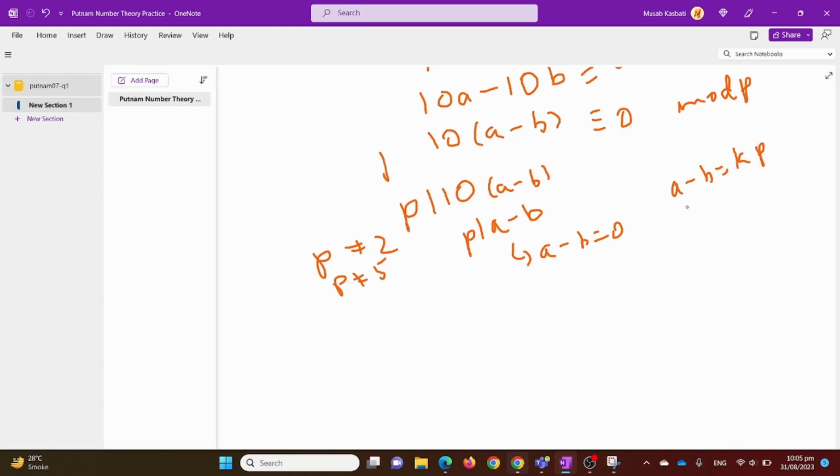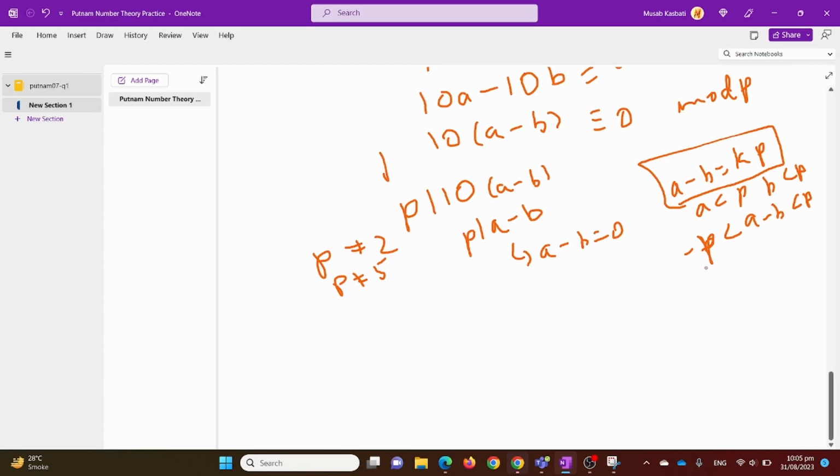But we know that a is less than p and b is less than p, so a minus b is definitely less than p. And you can also show that it's bounded below by negative p. So then this second statement is impossible, because there's no whole number k that you can multiply with p to get a minus b, since a minus b just falls in this range. So the only possibility is that a minus b equals 0.